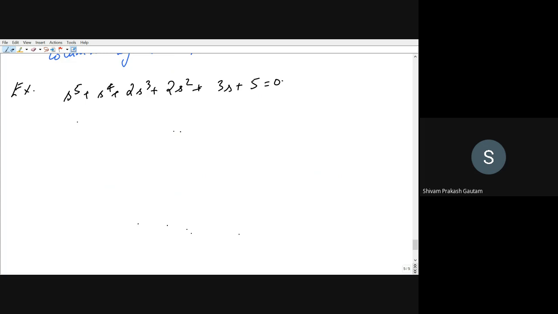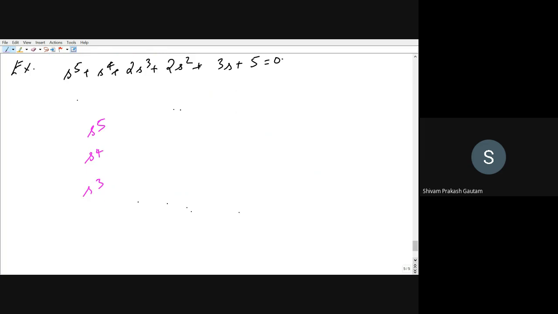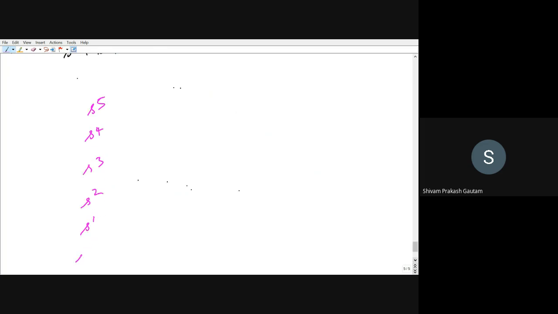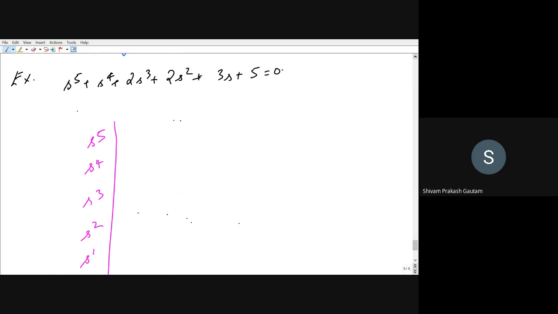The maximum power of s is s to the power 5, then s to the power 4, s to the power 3, s to the power 2, s to the power 1, and at last s to the power 0. The highest power is odd, so first we fill the odd-power coefficients, that is 1, 2, and 3. Then the even-power coefficients are 1, 2, and 5.